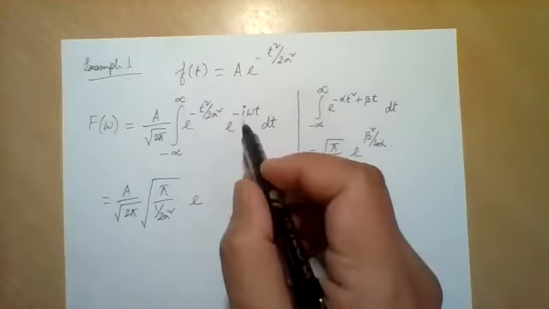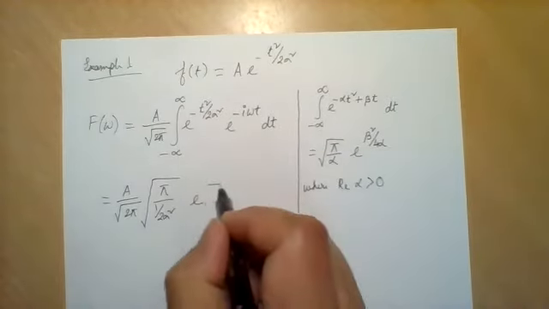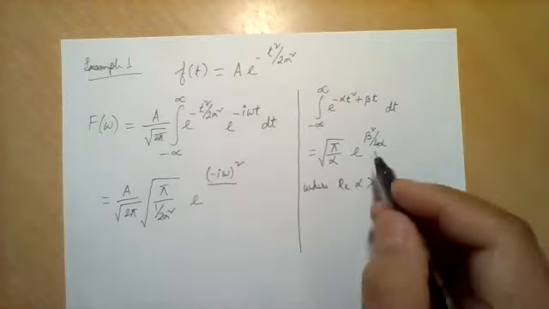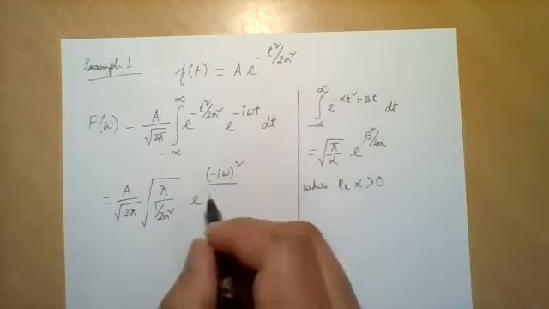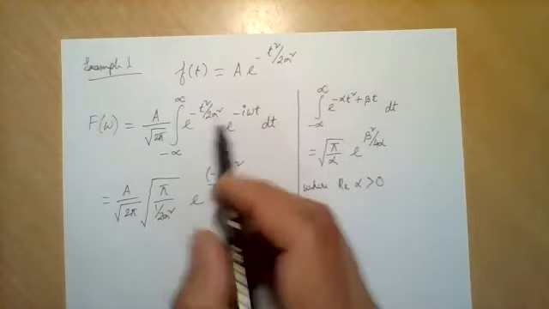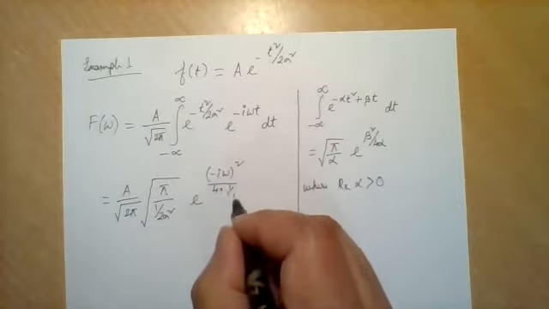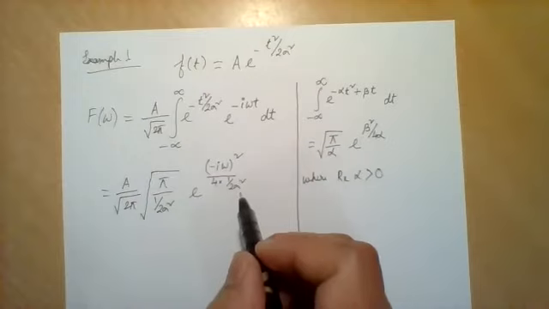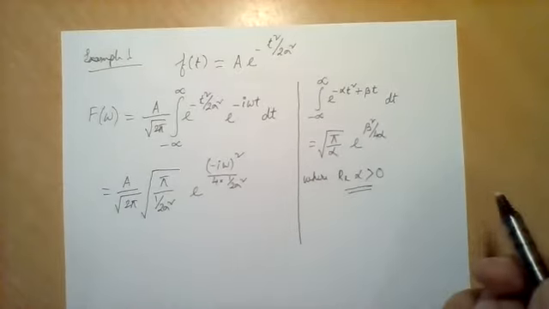What is beta here? Beta here is minus i omega. So this is e to the power minus i omega whole square, divided by 4 alpha, and this is 4 times 1 by twice sigma square. And twice sigma square is a positive quantity, so it satisfies this condition.